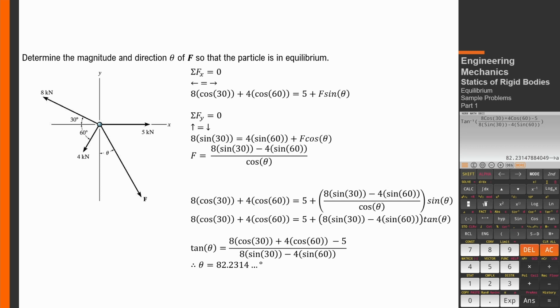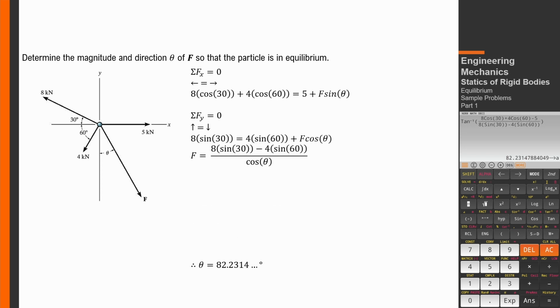So, in-store ko lang sa A dahil gagamitin natin to para makuha yung value ng magnitude ng force F. So, substitute na natin. So, 8 sine 30 minus 4 sine 60 over cosine nung nakastore sa A in theta. So, therefore, magnitude ng force F ay 3.9645 or 46 kilonewtons.